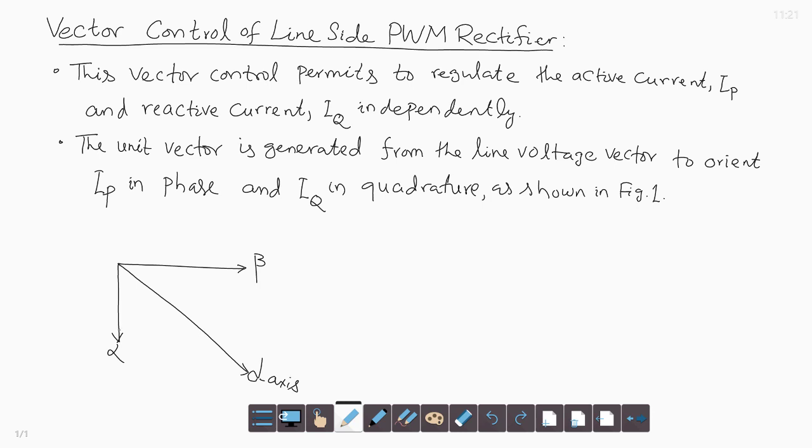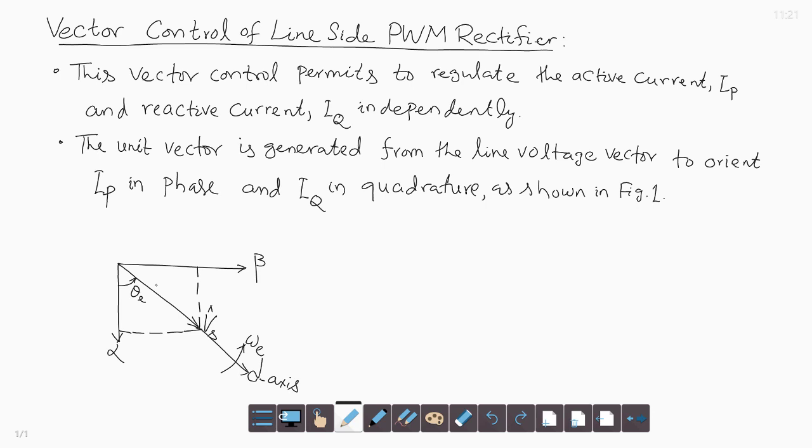So, this is the voltage vector Vs, which is oriented along the D axis. D axis is rotating at synchronous speed omega e, so that this angle is theta e.